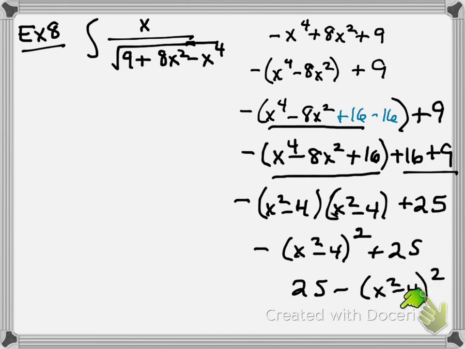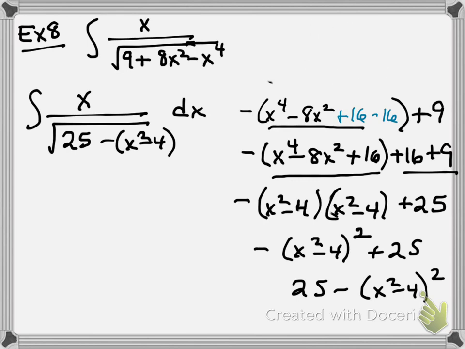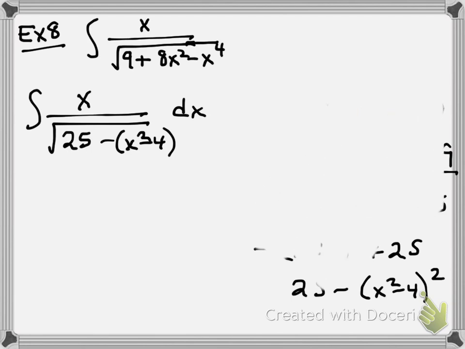this could be my u, and this could be my a. So if I rewrite this over here, we will have an x on top and the square root of 25 minus x squared minus 4. Alright, so to save room here, I'm going to get rid of some of my completing the square work, which you could always rewind the video if you need to see it again.